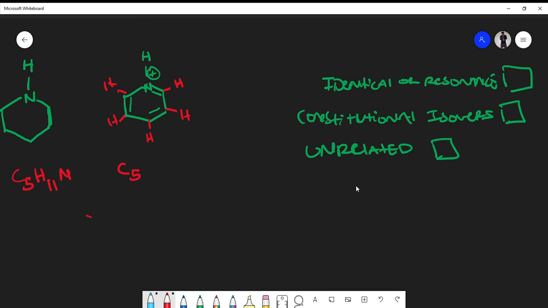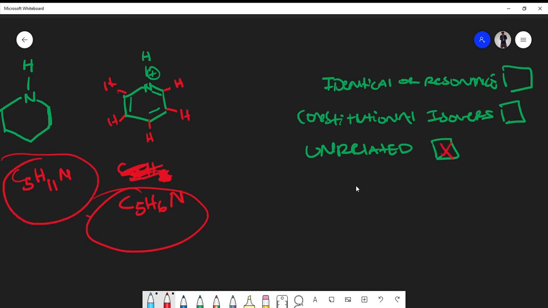So this is C5H6. And immediately we could essentially stop. We have a nitrogen here, and that's the only nitrogen, but these are not even the same compounds. Two different molecular formulas, so we say that these are unrelated.